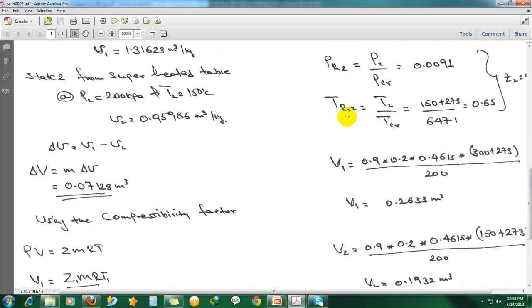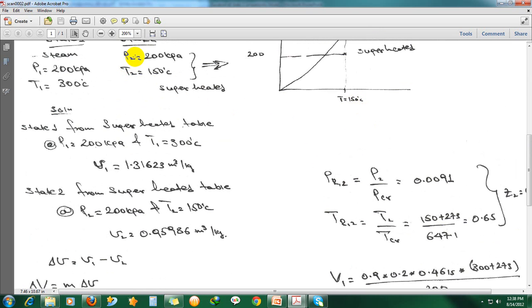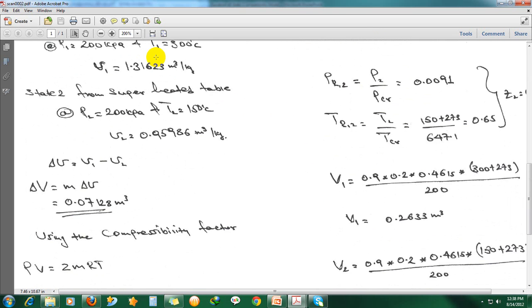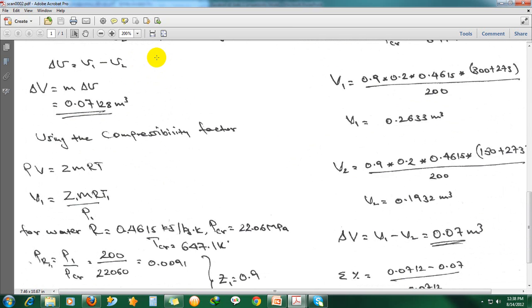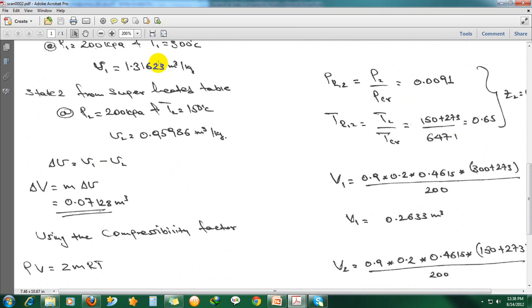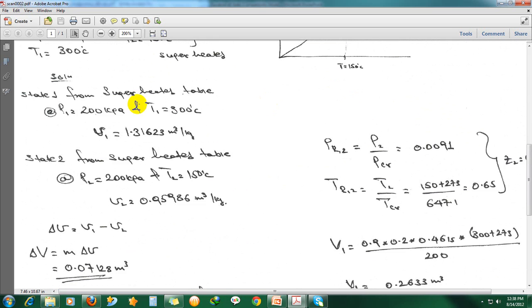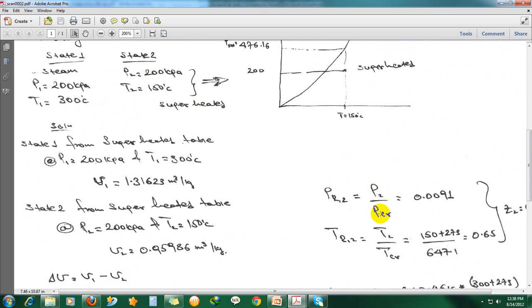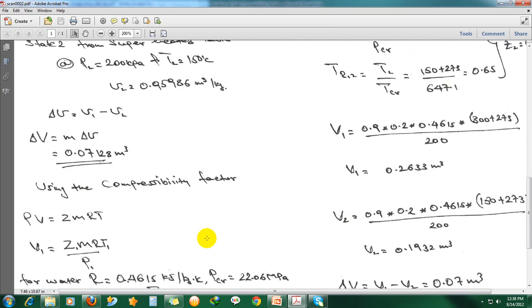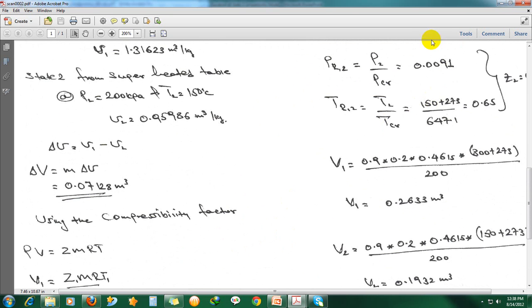PR2 is equal to the given pressure P2 over P critical. P2 is constant, 200, and P critical is read from here. Then PR2 is equal to 0.0091.